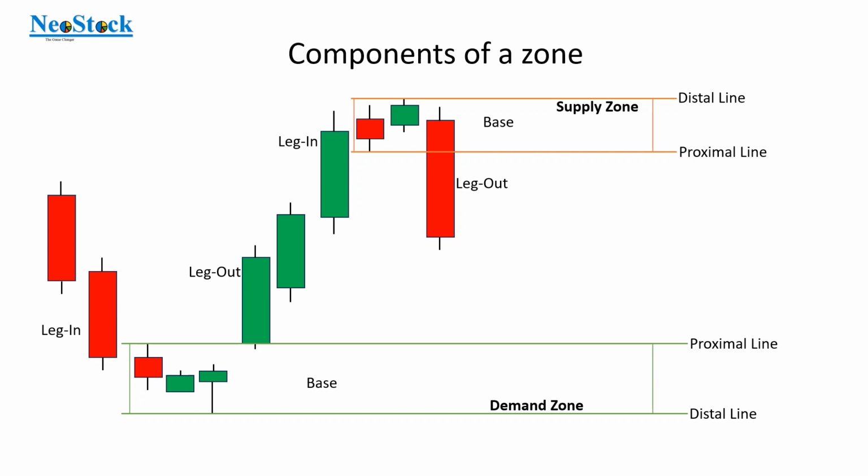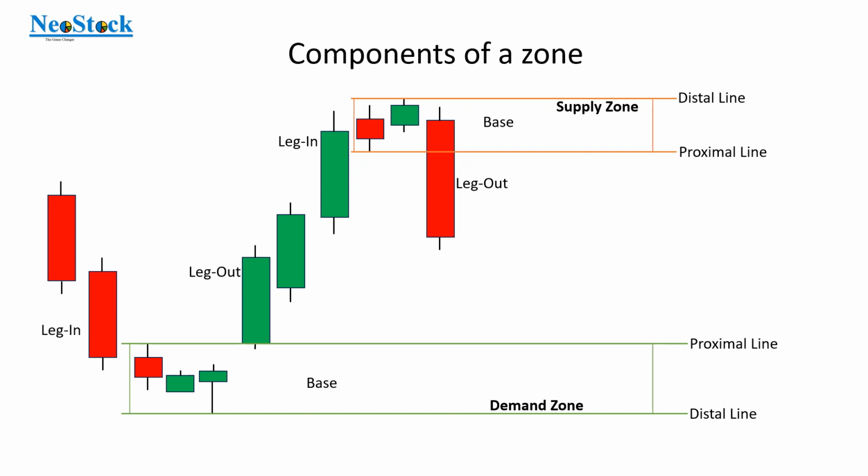If you want to create a demand zone, you should have three components. One is the leg in, the second one is the base, and the third one is the leg out, but the leg out should be a rally candle. Now it created a demand zone.